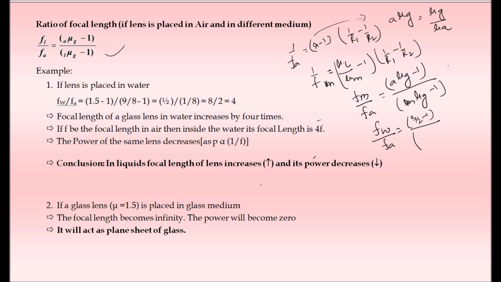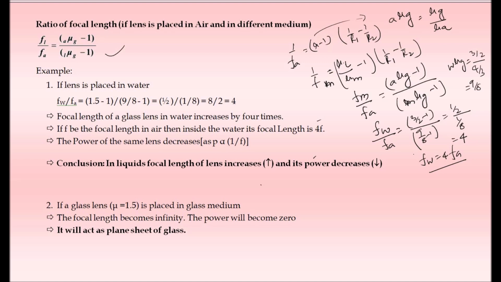So we first calculate w mu g, the refractive index of glass with respect to water, and it is equal to 3 by 2 divided by 4 by 3, that is 9 by 8. So 9 by 8 minus 1, and from there we get 1 by 2 divided by 1 by 8, which is equal to 4. So fw is equal to 4 fa. That is, if you place the lens in water, then the ratio of focal length of that lens in water and air becomes 4 times.